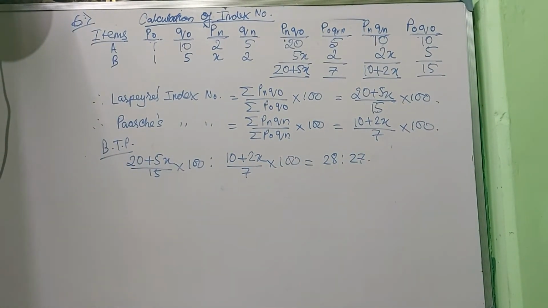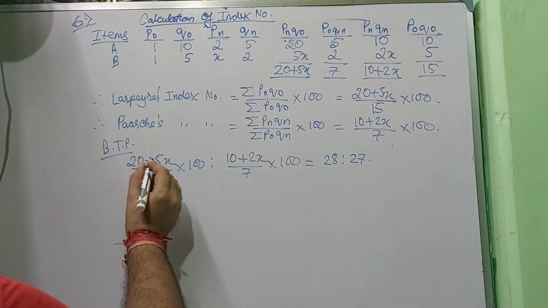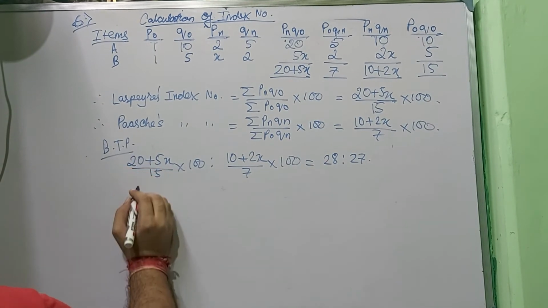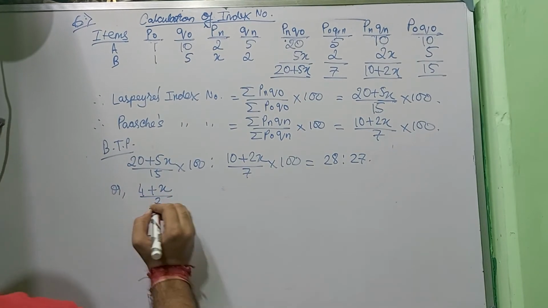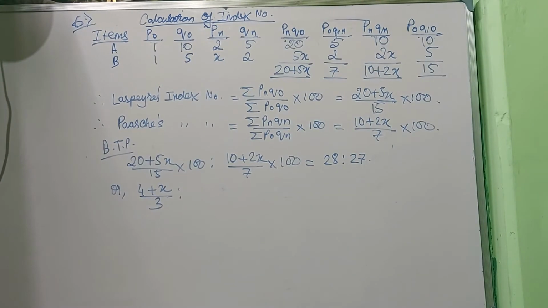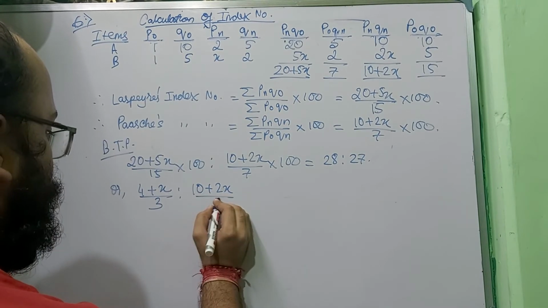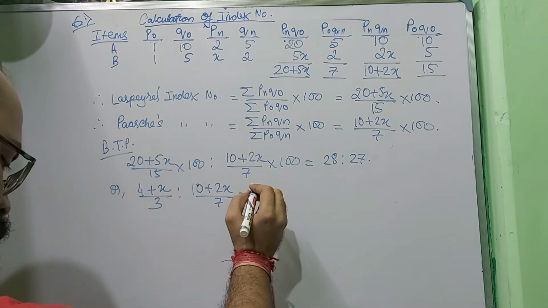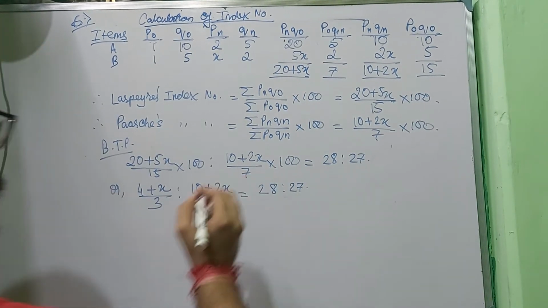This you need to solve. How can you solve it? You can cut 5 over here, so 4 plus x by 3, is to 10 plus 2x by 7, is equal to 28 is to 27.